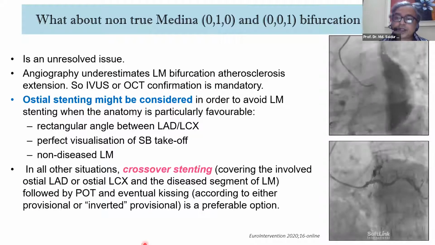If it's not that favorable, and IVUS or OCT shows that the disease has extended up to the left main, then crossover stenting is necessary, or sometimes inverted or provisional stenting is preferable.